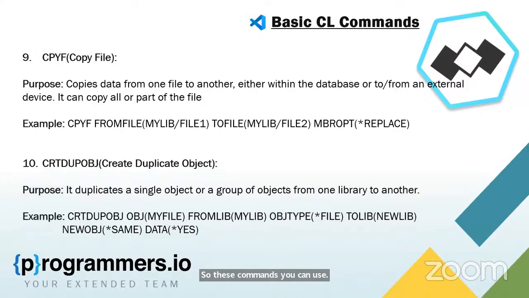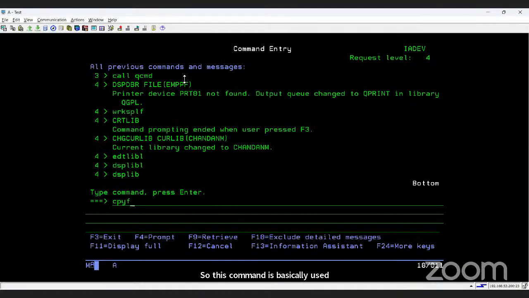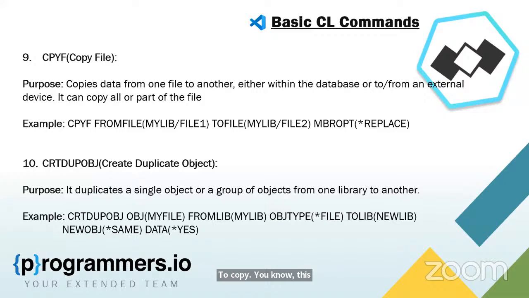Next, coming to the copy file command. This command is basically used to copy data from one file to another, either within the database or to or from an external device. It can copy all or part of the file.